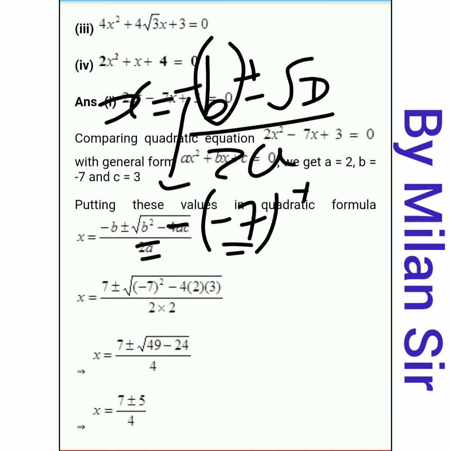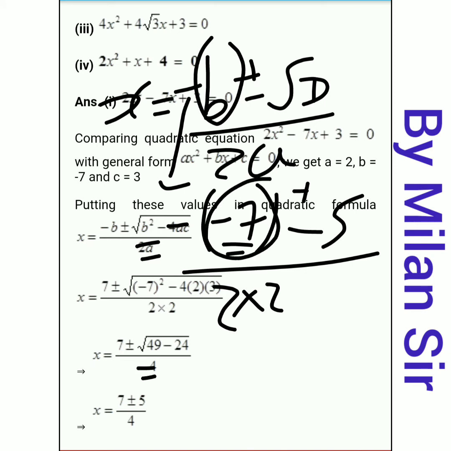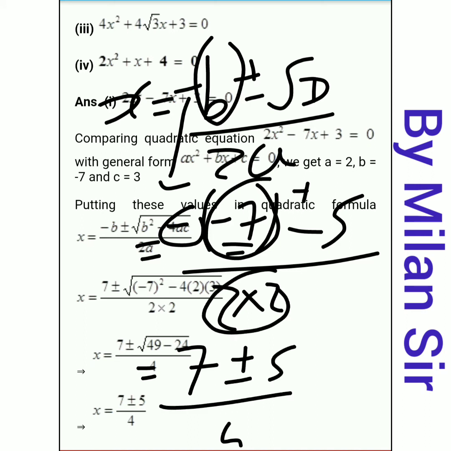Then plus or minus under root d, and we got under root d equal to 5. Divide by 2 multiply a, which is also 2. Now here minus 7 and here minus, so minus minus becomes plus 7. So 7 plus or minus 5, divided by 2 times 2, which is 4.